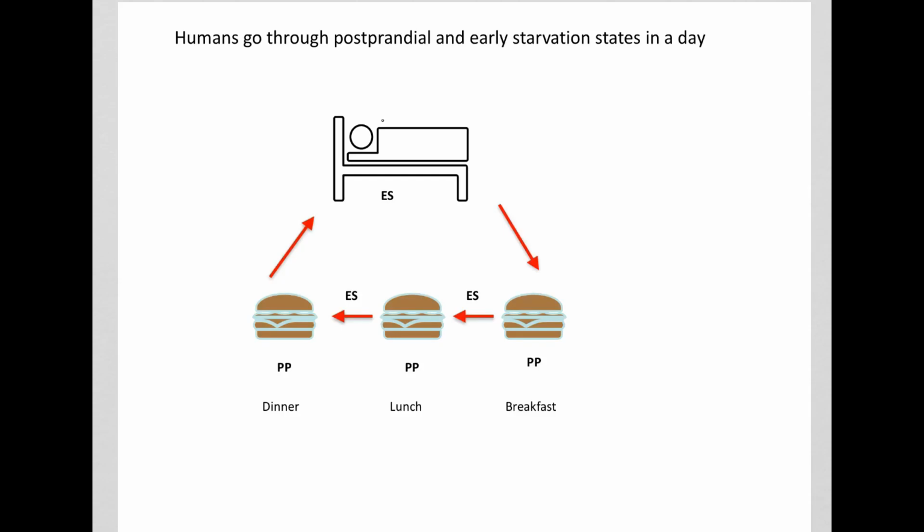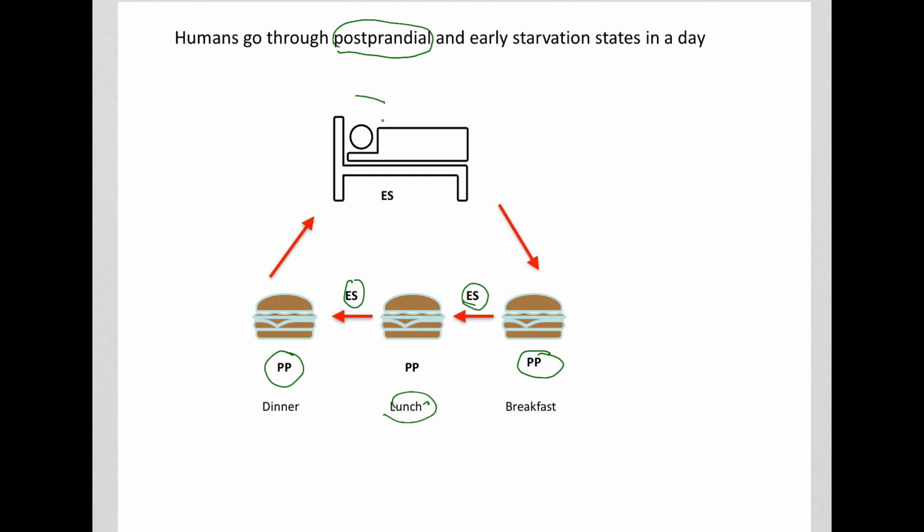A human goes through various stages within a day. When you have a meal, you will get into a postprandial state after you have your meal, for example, your breakfast, and then between breakfast and lunch, you might enter an early starvation state, and then during lunch, you again are in the postprandial state, and between lunch and dinner, once again, you might enter into an early starvation state, and then postprandial for your dinner.